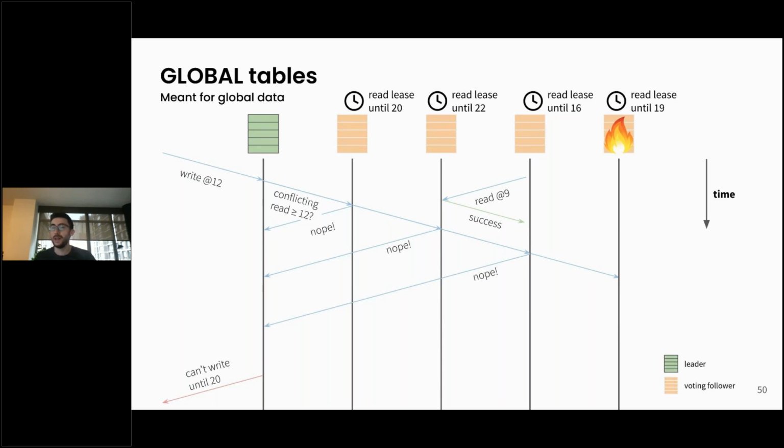And eventually we will get to write again. So we've gotten back some fault tolerance by using a scheme similar to the idea of a quorum lease. And this works. We trade slower write latency for low read latency, and we still ensure high availability.